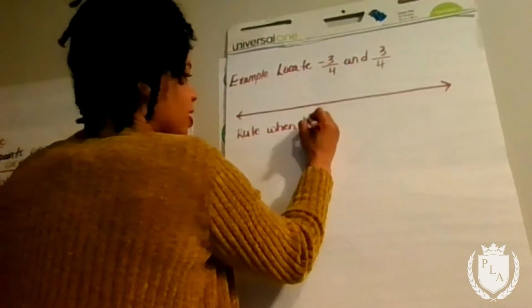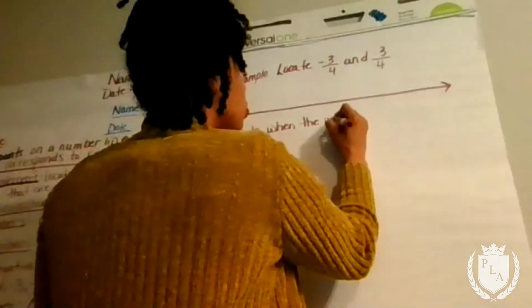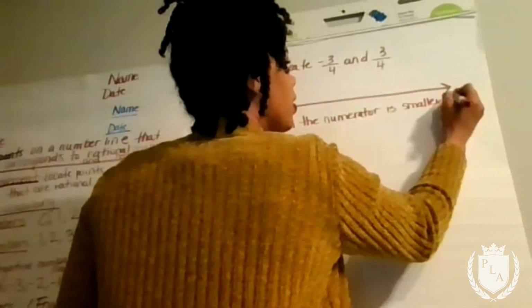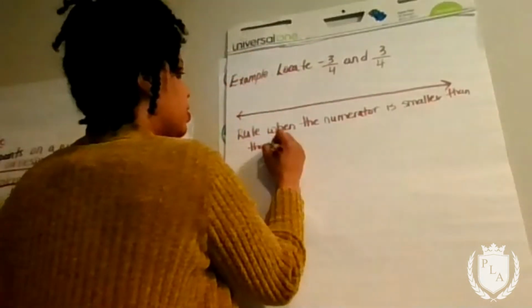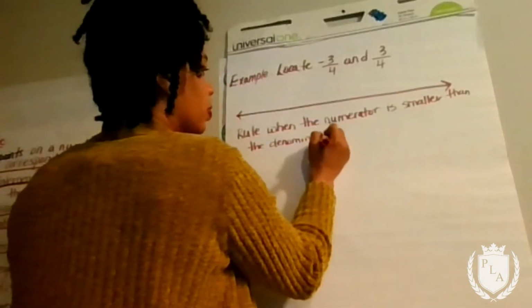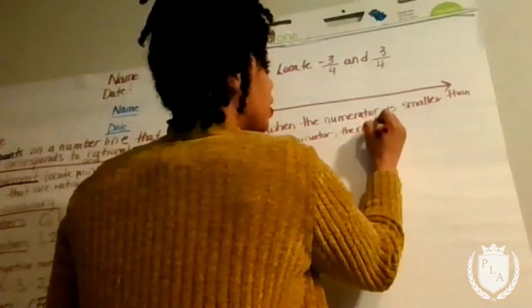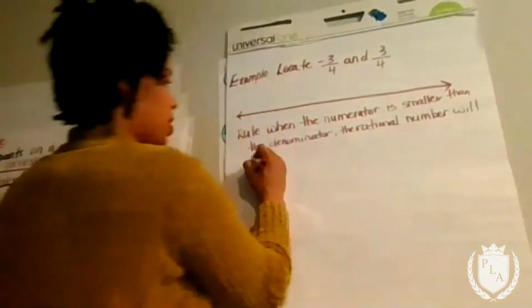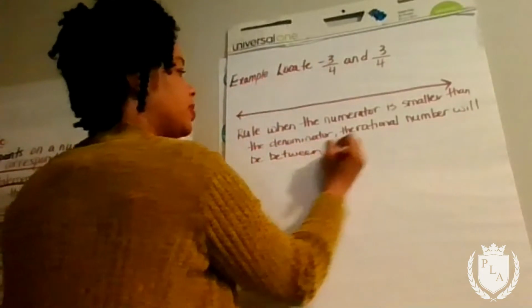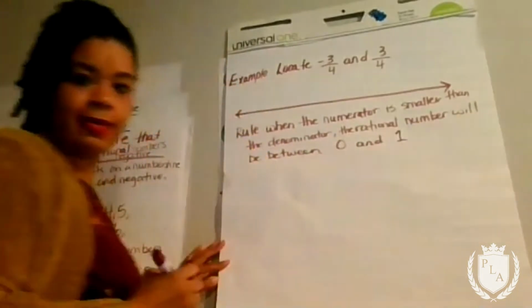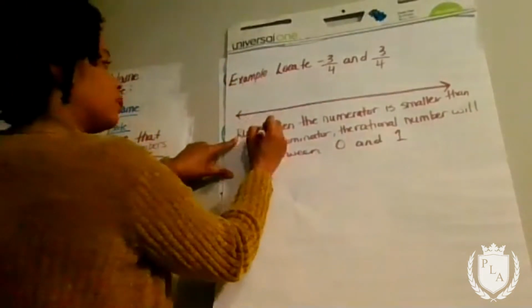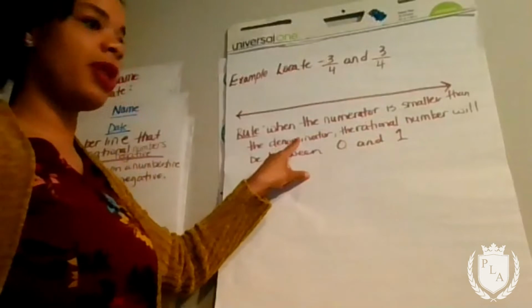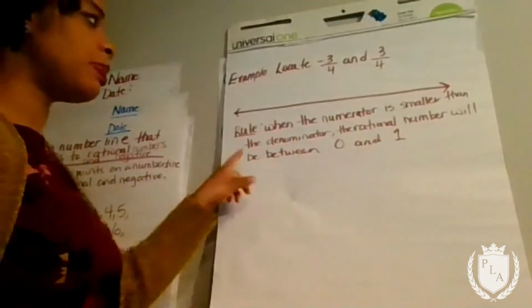When the numerator is smaller than the denominator, the rational number will be between 0 and 1.